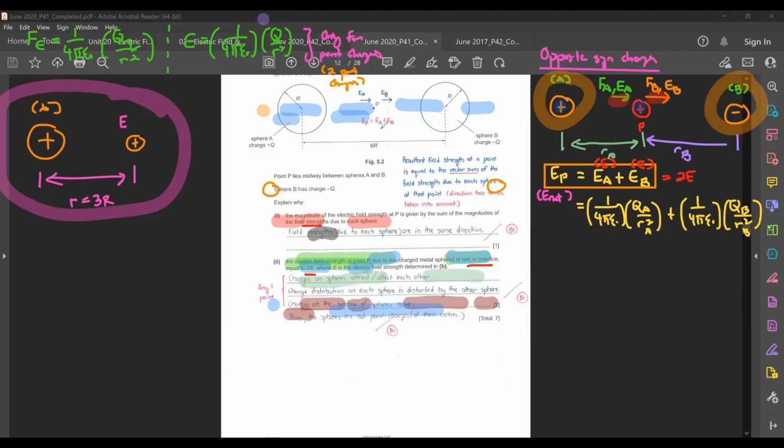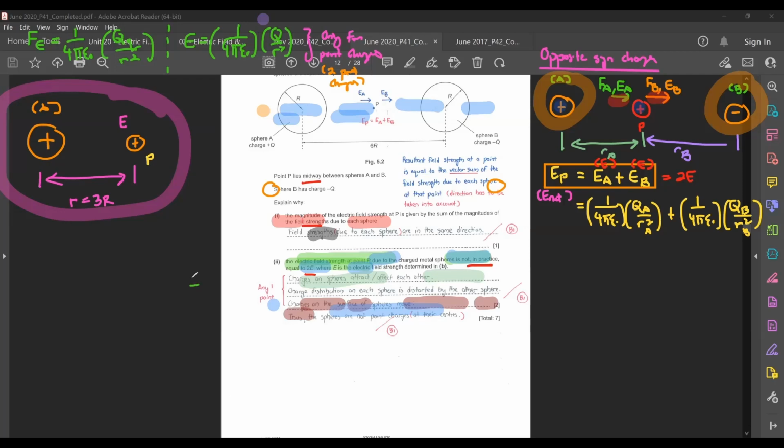Because you can see from here, they mentioned that your point P is midway between spheres A and B. Okay, so you actually have some sort of symmetry here. What do I mean by that is, if you look at sphere A, you have a distance of 3r, right? If you look at just sphere B alone to your point P, it's actually symmetrical. It's actually the same.